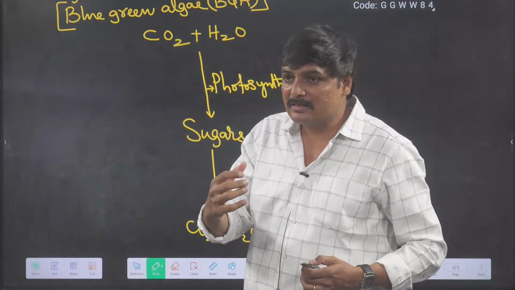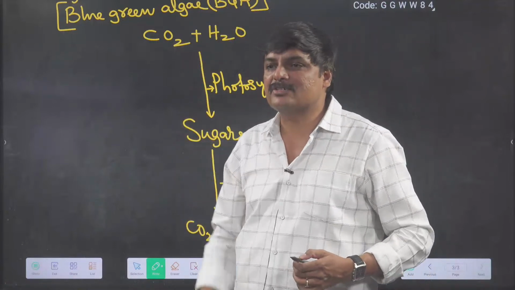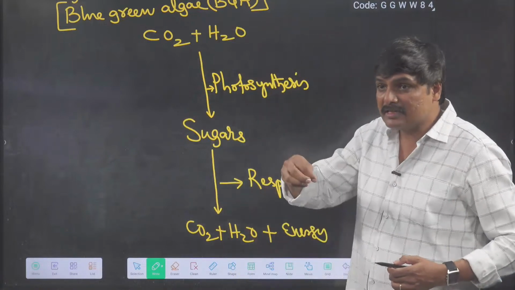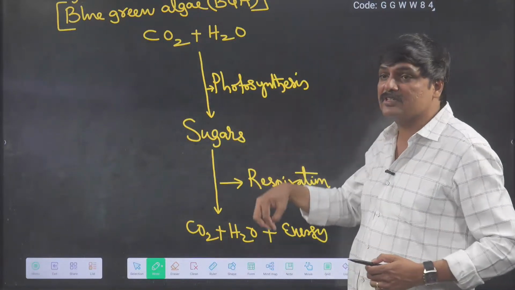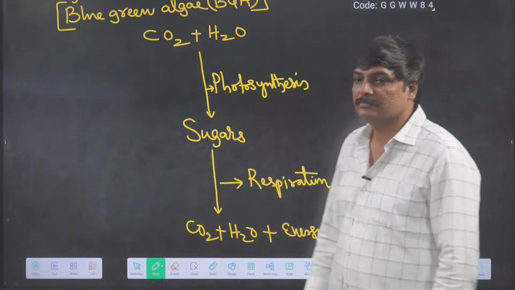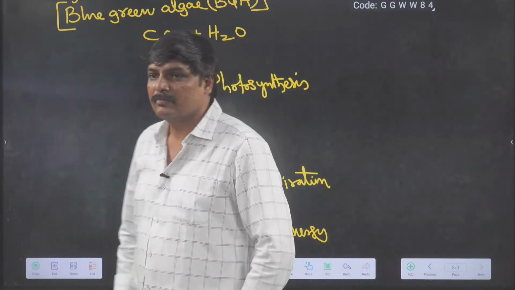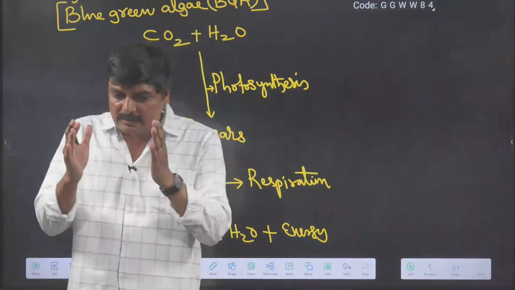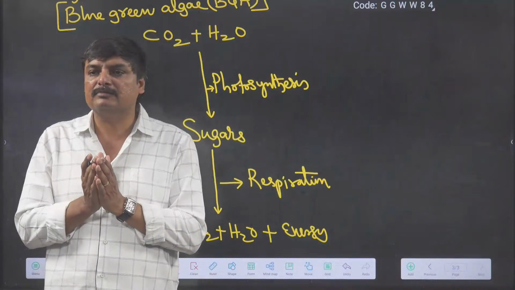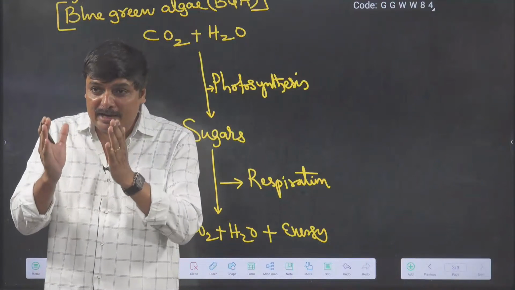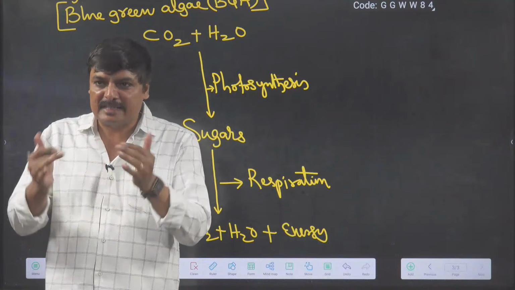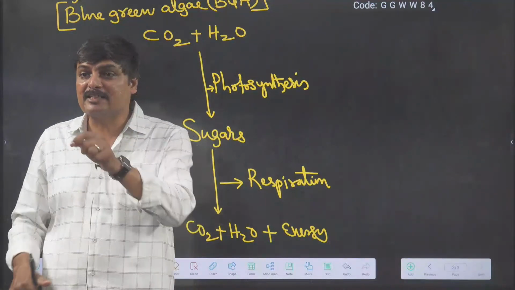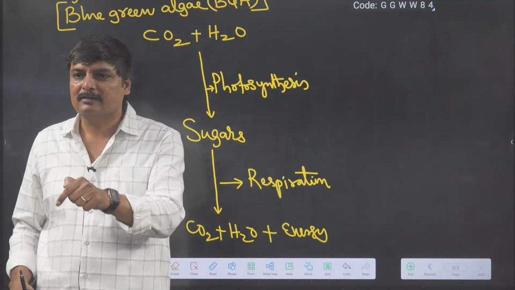As a result, energy is released. All this happens within the cells. That is why this process is called cellular respiration. So, oxidation of food material and liberation of energy within the cells is known as respiration.